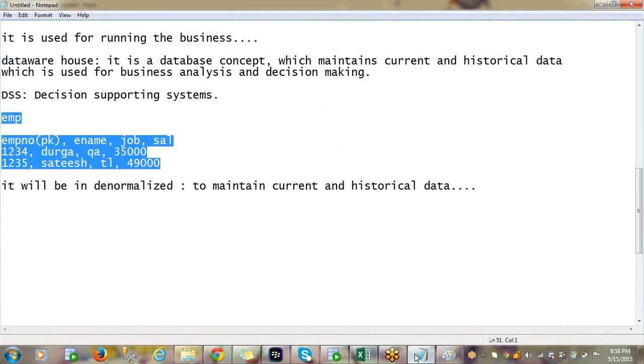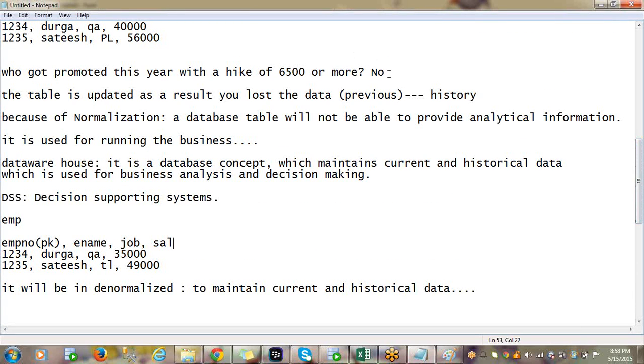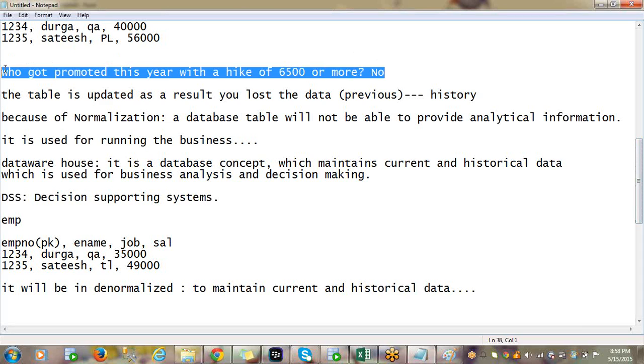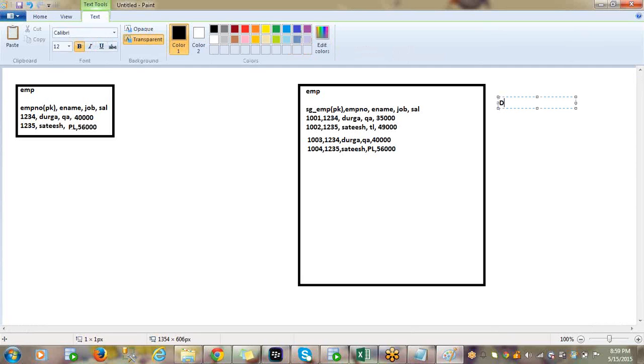Now if the management is asking the same question, who got promoted this year with a hike of 6,500 or more, look at this particular data, I can give that answer now. Why is the data warehouse size more? A database table always has a smaller size than your warehouse table. What is the main purpose of moving to the data warehouse? To go with DSS, a decision support system.